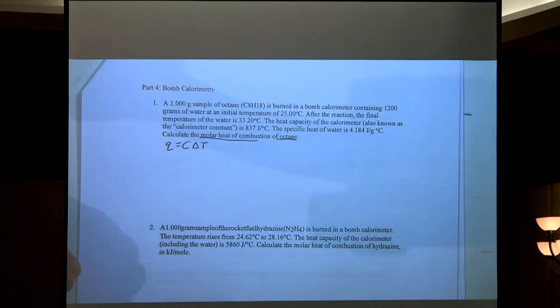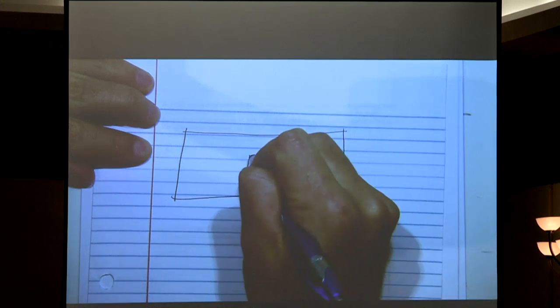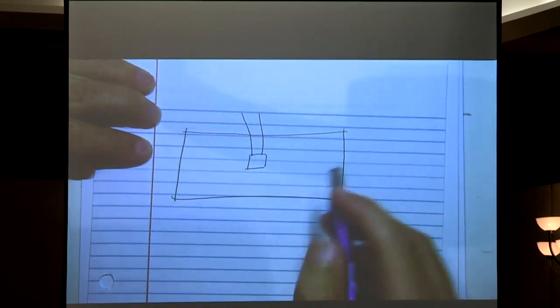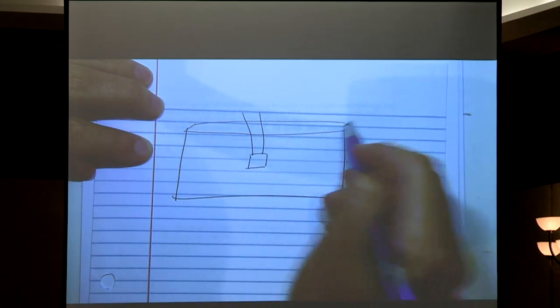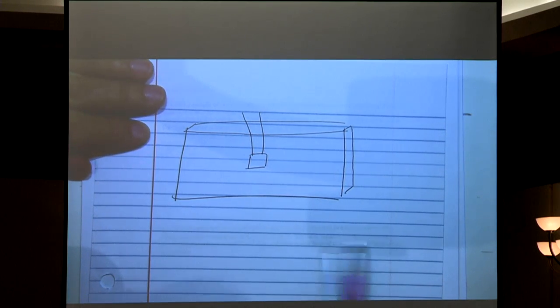All right, so I'm going to do one of my amazing drawings again. So we have a tank. Here's my bomb calorimeter. Very crude bomb calorimeter nonetheless. There's my tank.